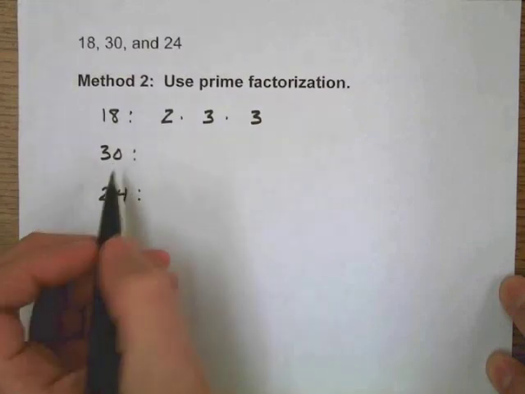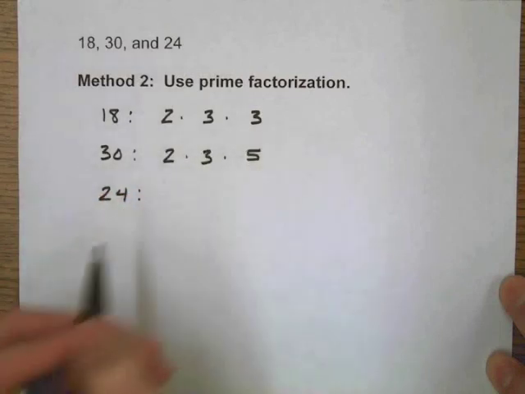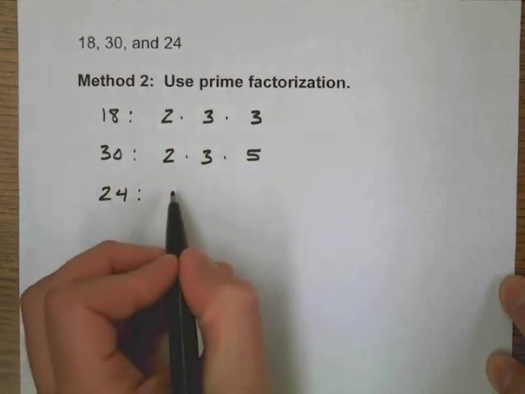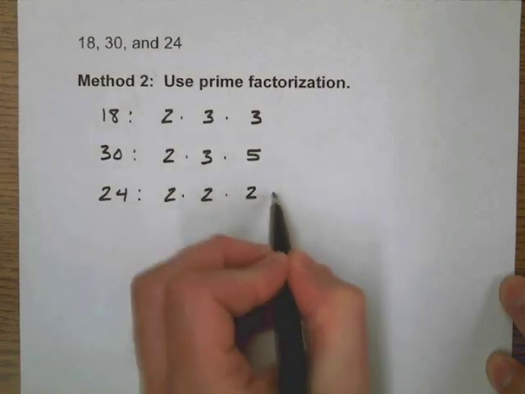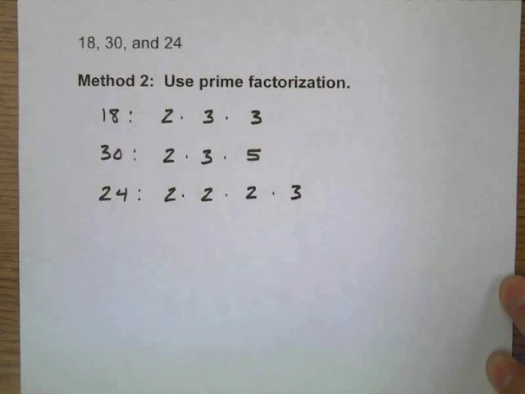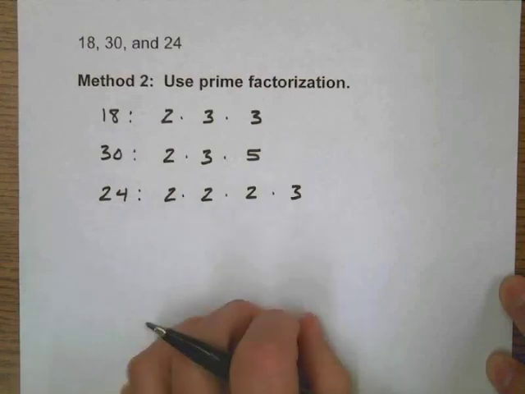The prime factorization of 30 is 2 times 3 times 5. And the prime factorization of 24 is 2 times 2 times 2 times 3. 2 times 2 is 4, 4 times 2 is 8, and 8 times 3 is 24.